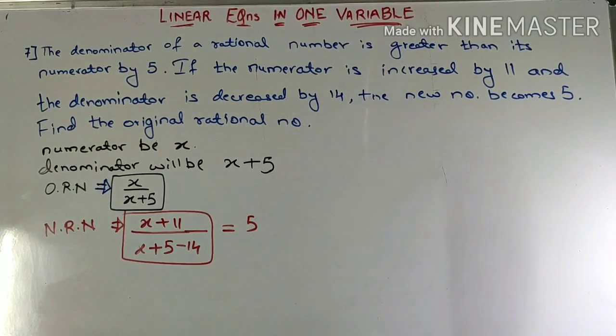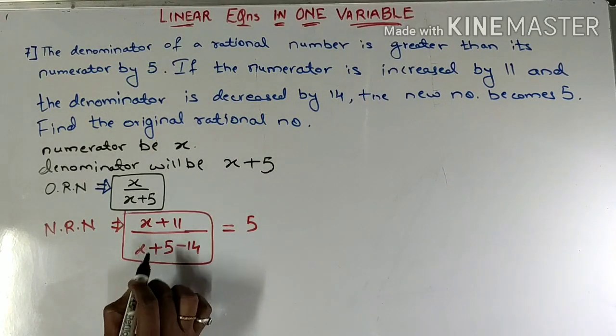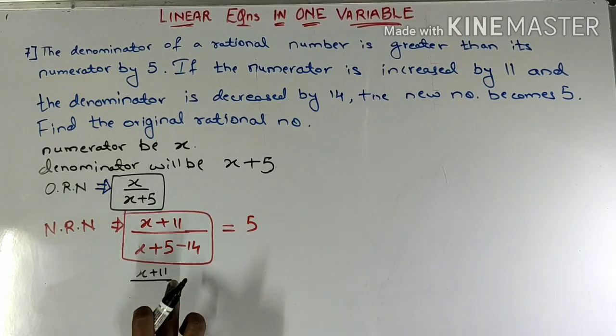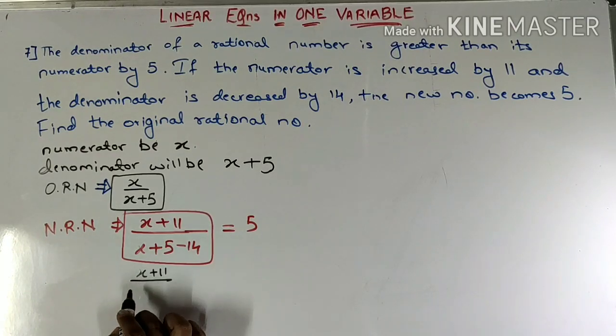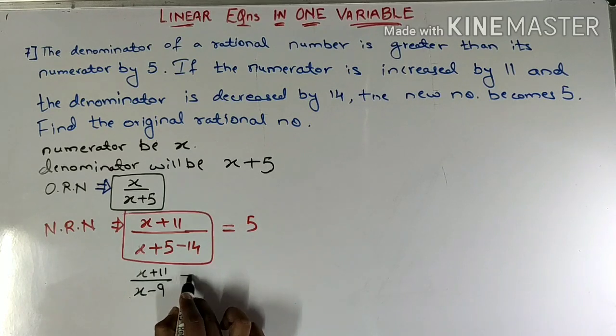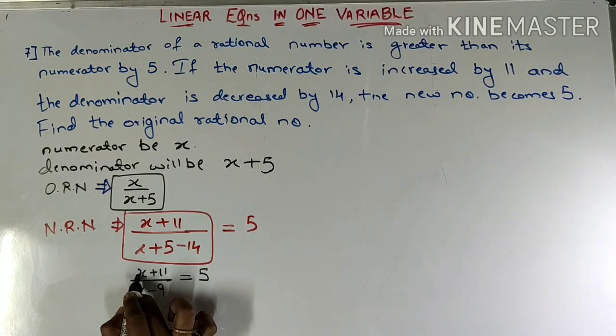So we are expected to solve this linear equation in one variable. Let's proceed ahead. x plus 11 upon x plus 5 minus 14 gives you x minus 9, and that is equal to 5.